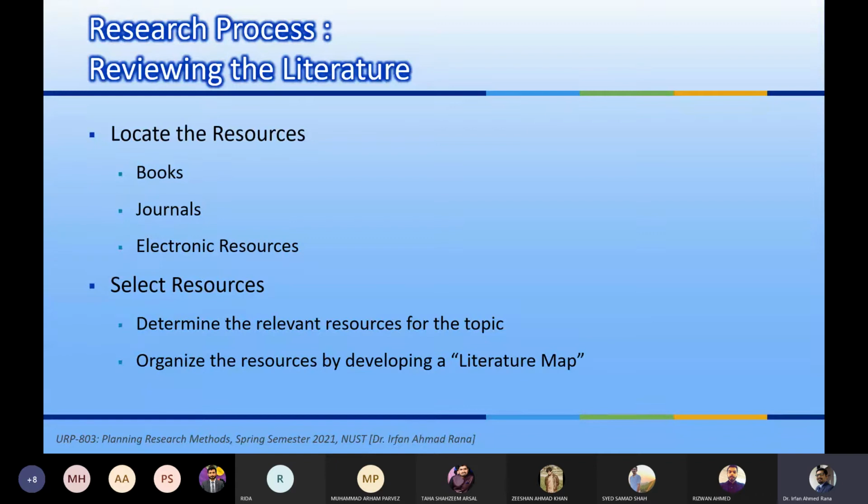There are many different ways to organize your literature, and one of those is creating a literature map, in which you develop a conceptual framework linking different aspects and phenomena. For example, coming back to the examples, the problem is urban flooding. What are the potential literatures linking to it? Number one, urban planning literature. Number two, climate change science literature.